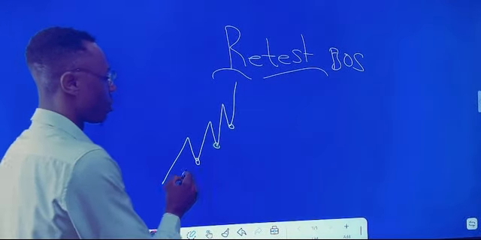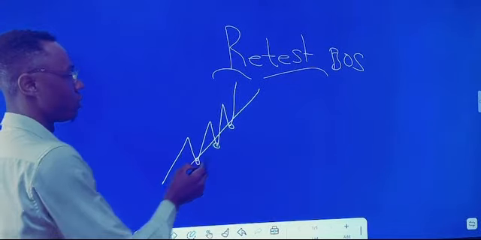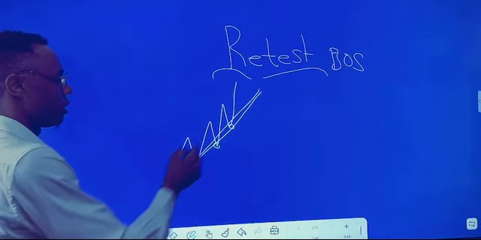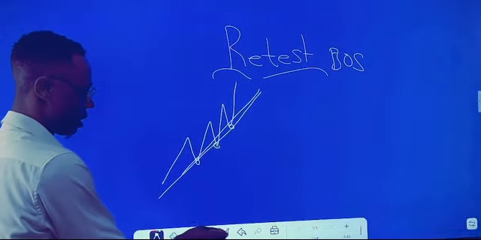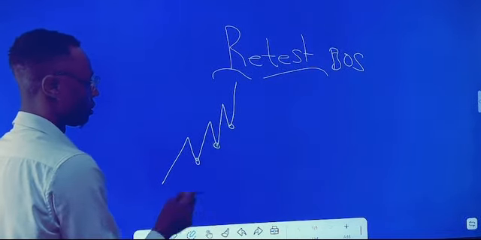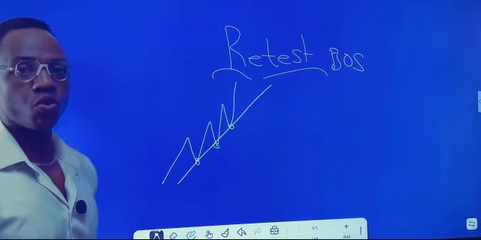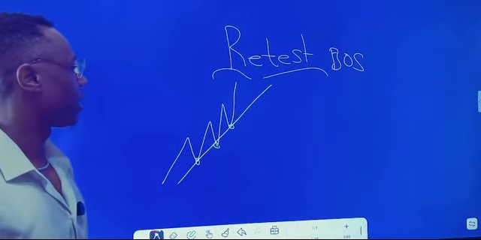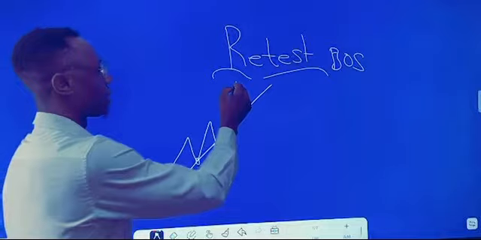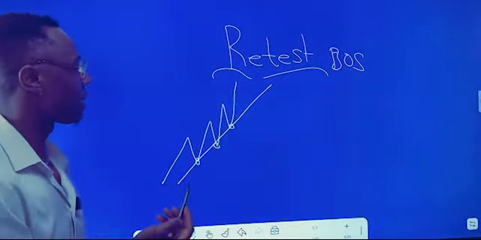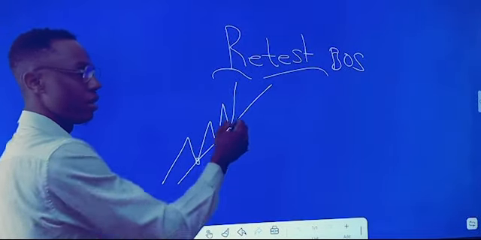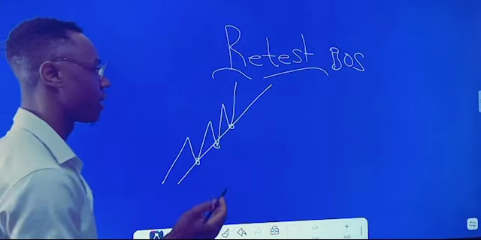You draw your line around the zone to mark your point of interest. Once the price breaks it, remember I told you the first entry: you can wait for the price here, and when it gives you your entry confirmation, you enter.